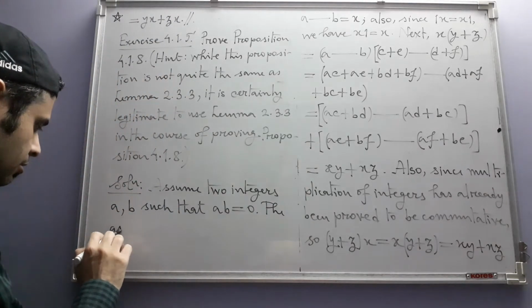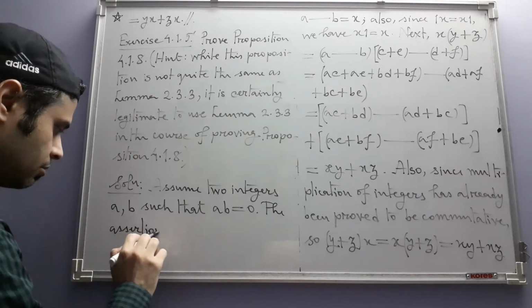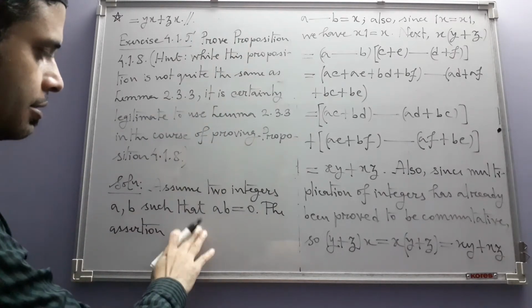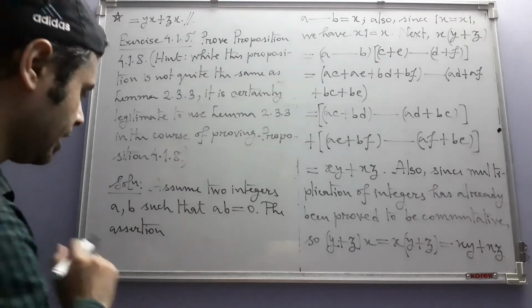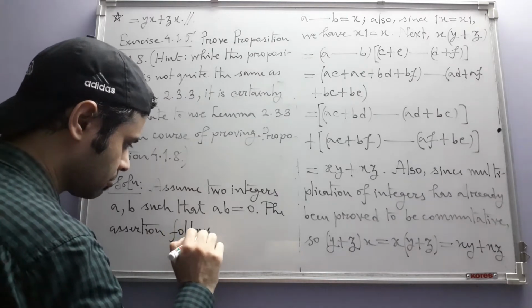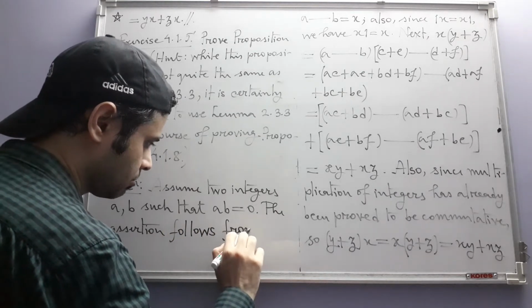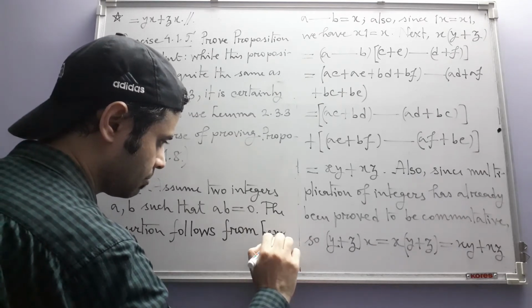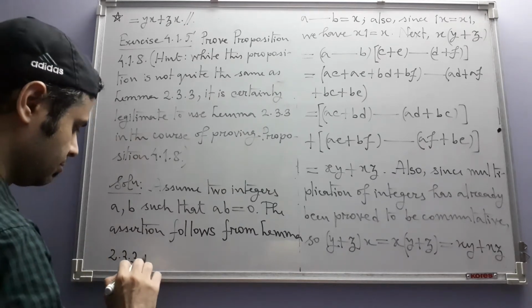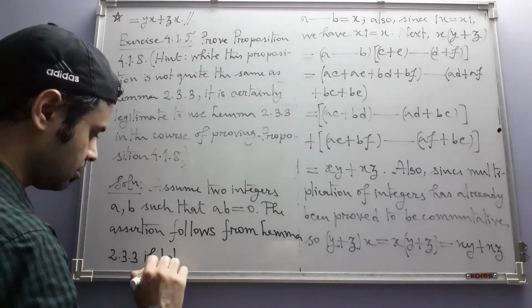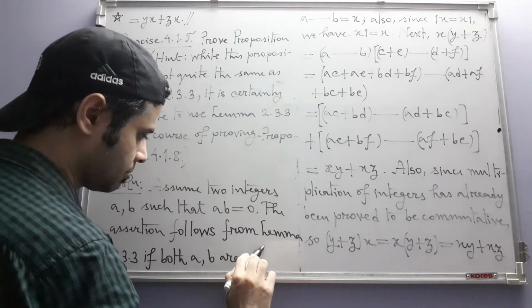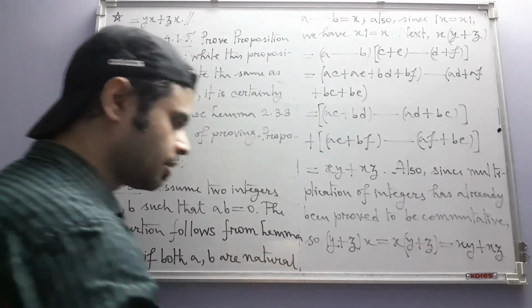The assertion in this proposition, that either a is 0 or b is 0 or both are 0, follows from lemma 233 if both a, b are natural numbers.